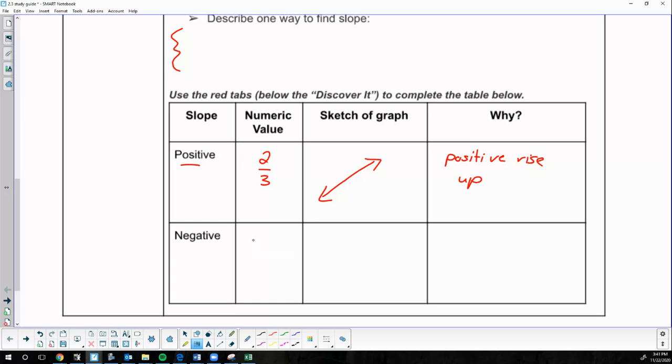The negative slope would look like this. Okay, and that would travel this way. All right, the why, when you have a negative rise, okay, it's traveling down. And that's kind of what they're getting at for the why. Moving on.